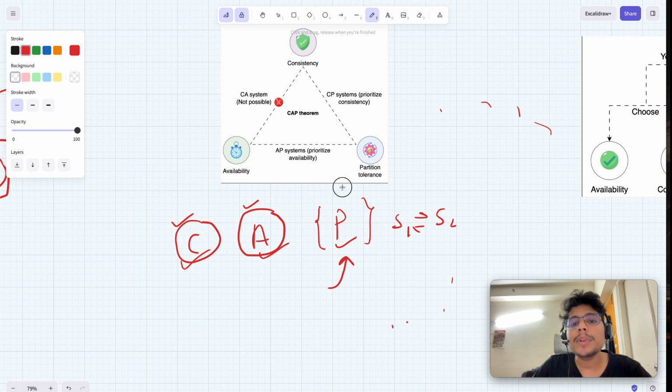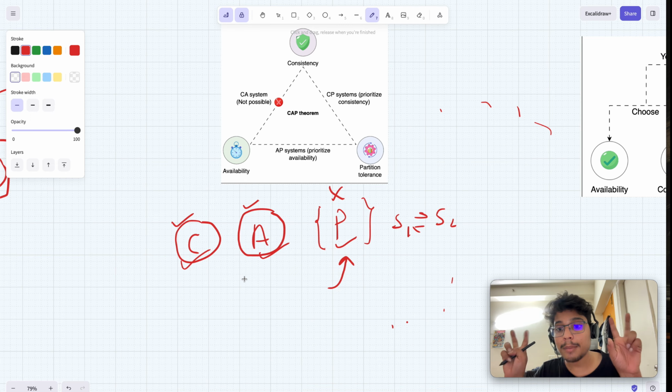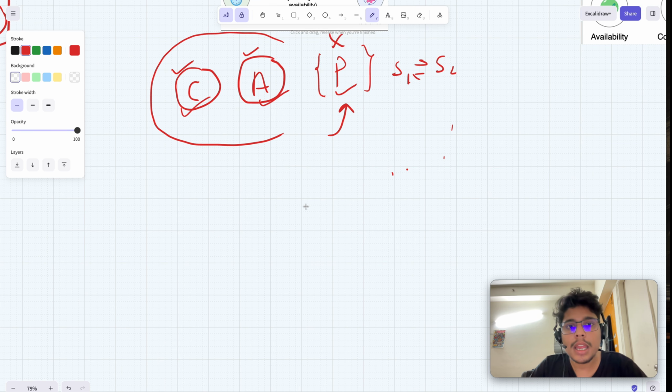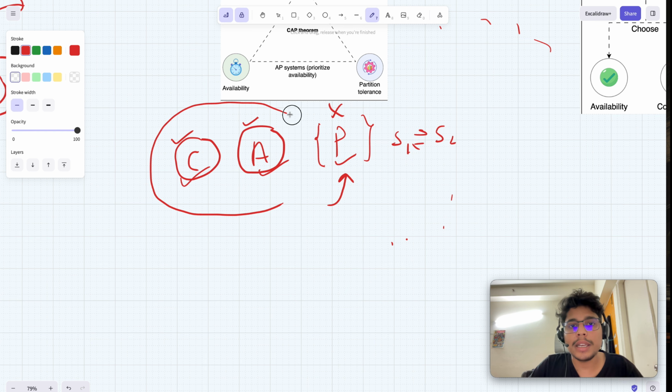We cannot completely avoid partition tolerance because the network is unreliable. You have to know this: we cannot trust the network. So either we go with consistency or we go with availability.